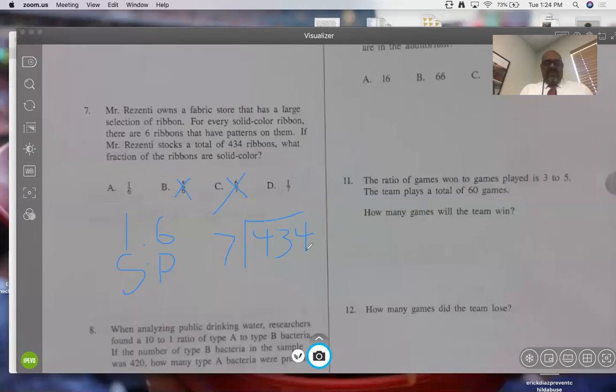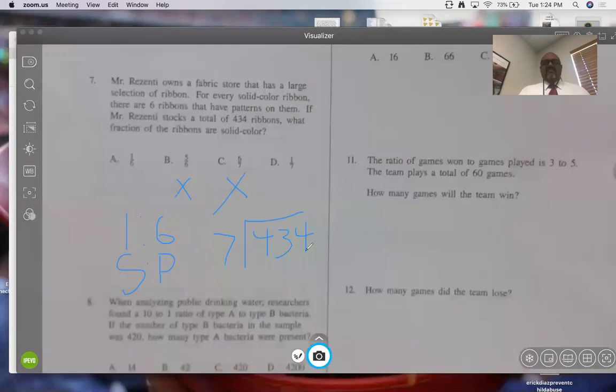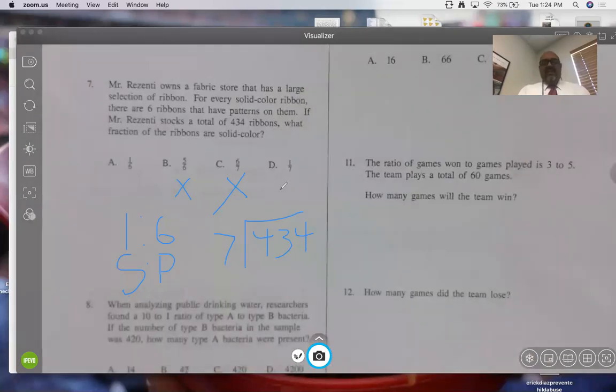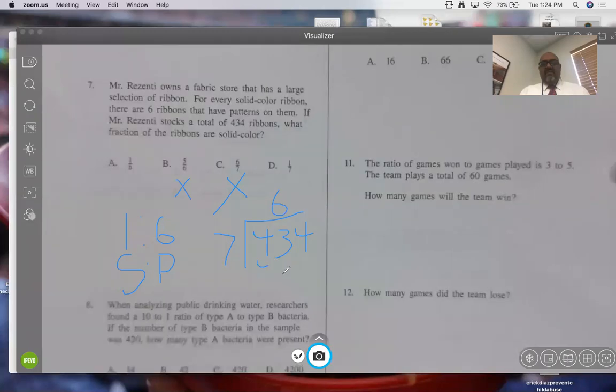So 7 goes into 43. 7 goes into 4 how many times? 0. 7 goes into 43 how many times? You guys saw my cheat there, right? We'll go with 6, just to make it a little bit easier for us. 7 times 6, 42.